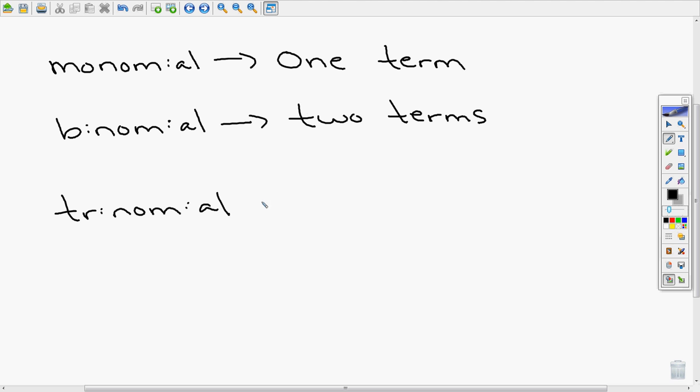And a trinomial has three terms. Okay, and you should know that by the prefix here: mono, like monopoly, is one; bi, like bicycle, two wheels on a bicycle, is two; and tri, like triangle, is three.